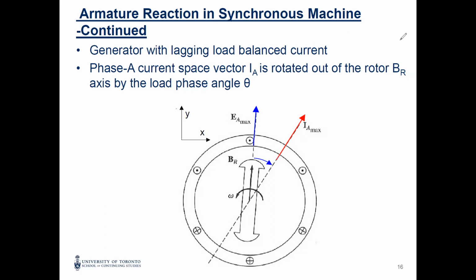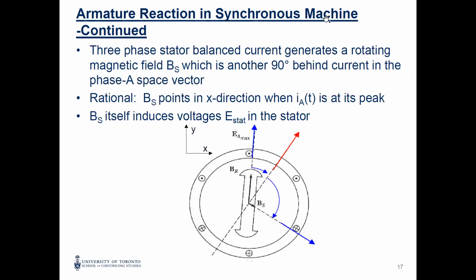You have a current, then the result is flux. Flux is 90 degrees away from the current. So this flux is due to this current, the I armature. Now you can get the resultant between the stator and the rotor.